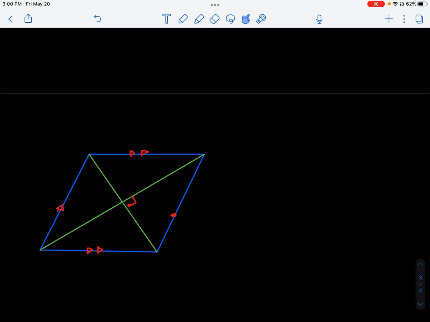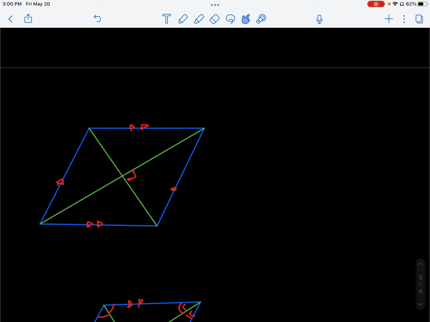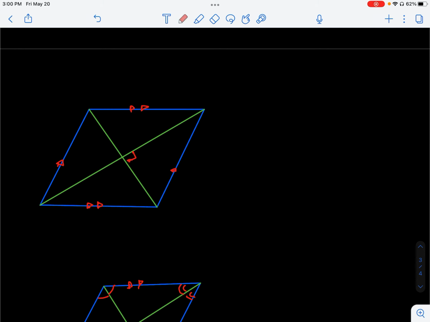So each one of these, they go together and then they give us interesting little tidbits. For example, we know that a rhombus has four congruent sides. Well, we also know that a parallelogram is a rhombus if and only if its diagonals are perpendicular. So here we have a parallelogram, right?